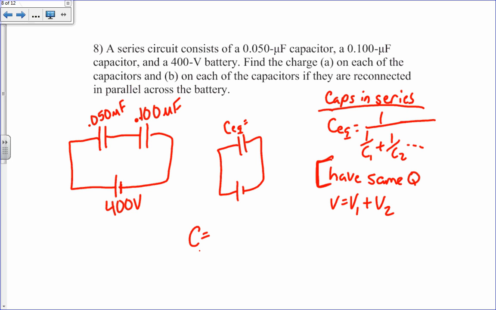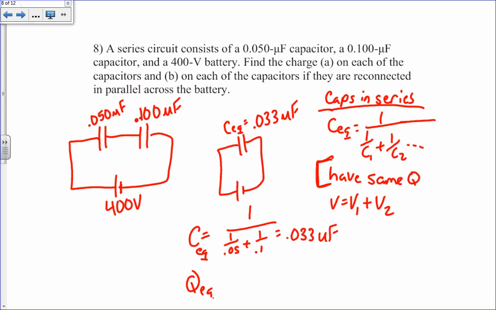And I can find that. 1 over C equivalent is equal to 1 over 0.05 plus 1 over 0.1, and that gives C equivalent equal to 0.033. Now I can also find the charge on this equivalent capacitance. Q is equal to CV. That's going to be 0.033 microfarads times V, which is 400.